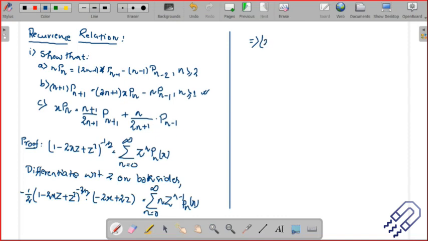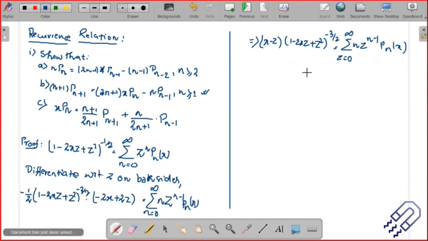It's very simple algebra here. (x minus z) into (1 minus 2xz plus z squared) to the power minus 3 by 2. That's there on the left hand side. Okay, and on the right hand side we have the same thing, right? Nothing changes on the right hand side. Summation n z to the power n minus 1 P n of x, n equal to 0 to infinity. Okay, so we have it here.